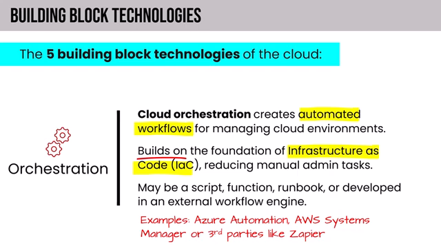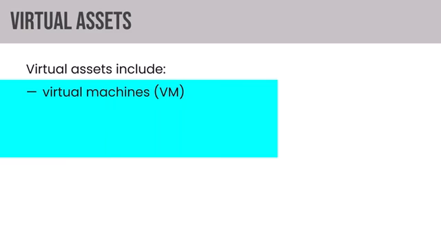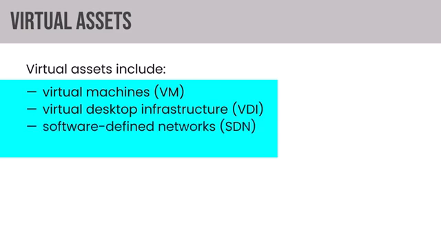We're going to close out section 1.1 with a look at some virtualization concepts you may see on the exam. Virtual assets can include virtual machines, which we talked about previously. Virtual machines can factor into a virtual desktop infrastructure, or VDI, solution, a managed desktop if you will.